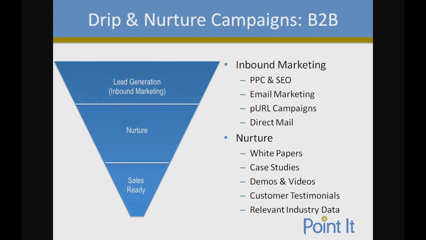And when you get to that center stage of the funnel, in a B2B audience, there's many different types of content that they would be interested in before they're sales ready. So, for example, white papers, case studies, demos, customer testimonials, articles about what's going on in their industry. All of these things are content that you can leverage to help nurture leads before they become sales ready.